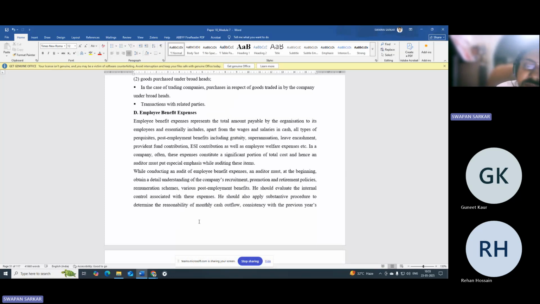In a company, often these expenses constitute a significant portion of the total cost, and hence the auditor must put a special emphasis while auditing this item.